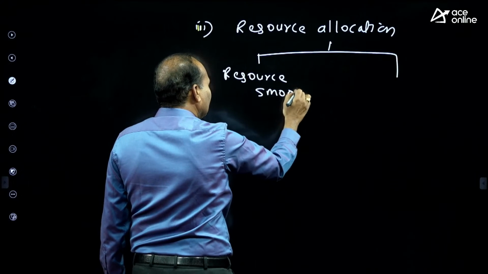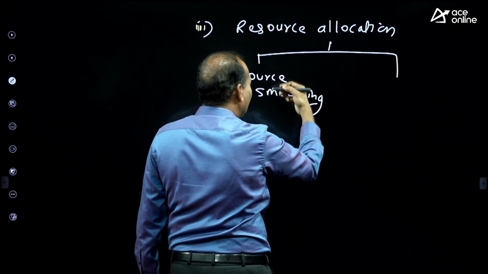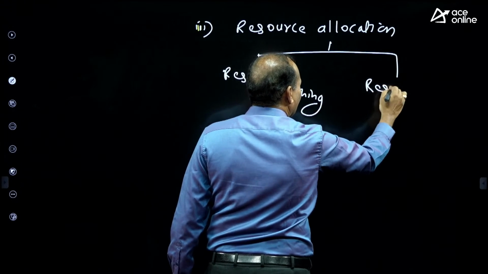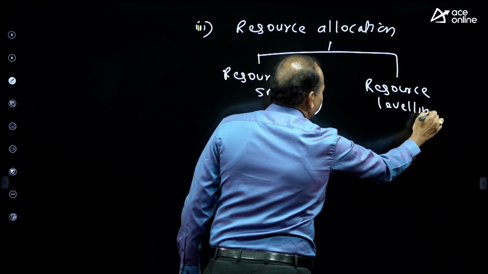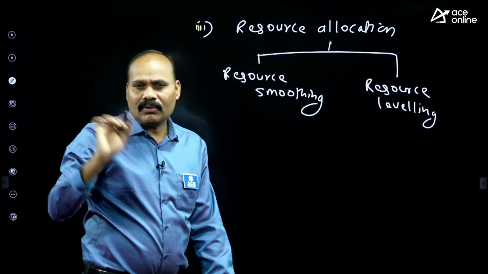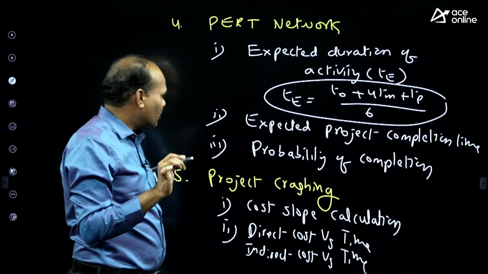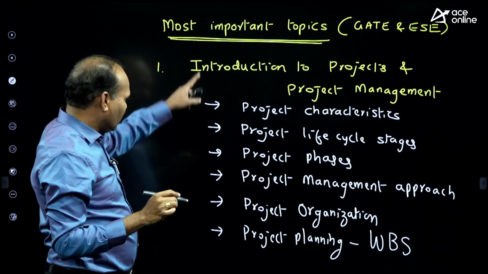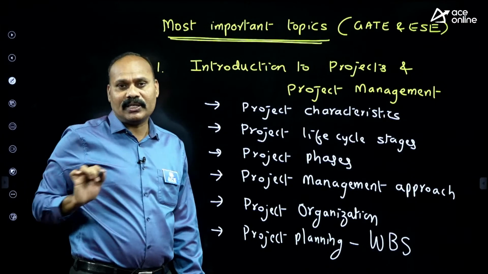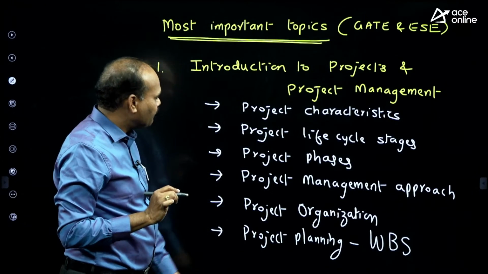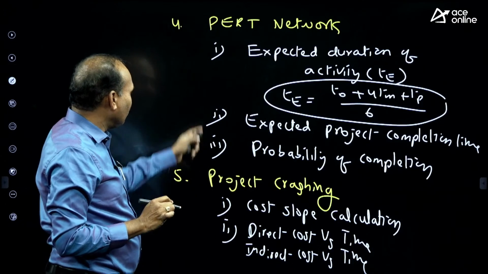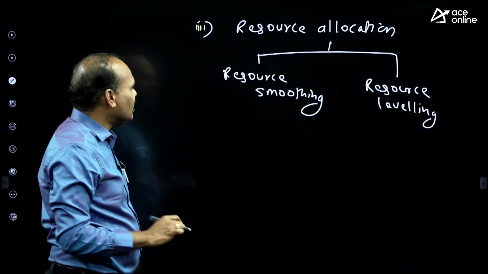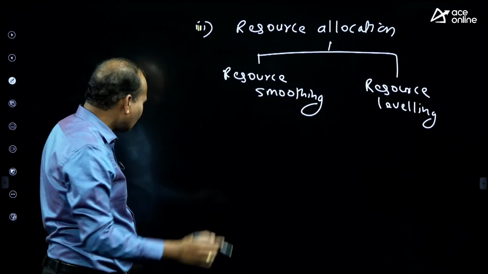In the majority of cases we may find questions related to these titles, resource smoothing and resource leveling. So whatever I am giving, try to complete. First you have to finish these things. At least complete these headings and subheadings. Next, scheduling tools, CPM network, PERT network, and crashing as well as resource allocations.